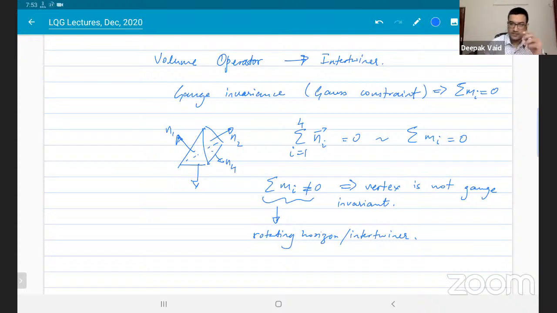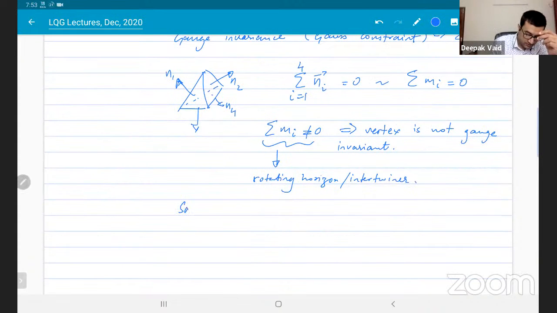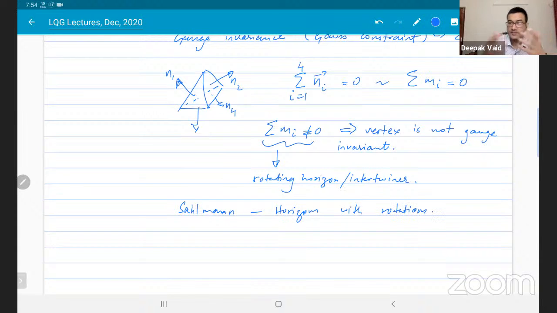So, people have looked at these. There's Hanno Sahlmann. He has looked at horizons with rotation. But I looked at his paper and I couldn't really make sense of it.